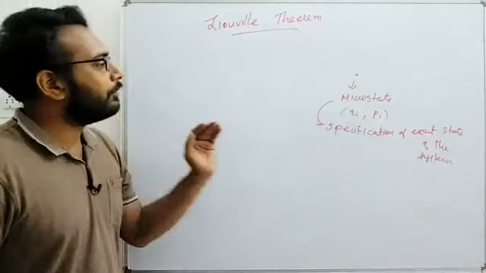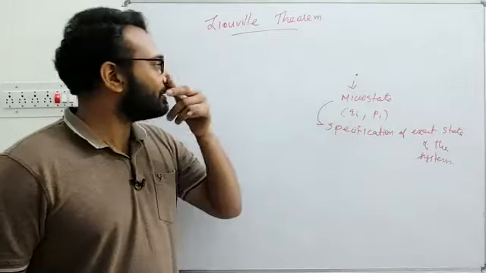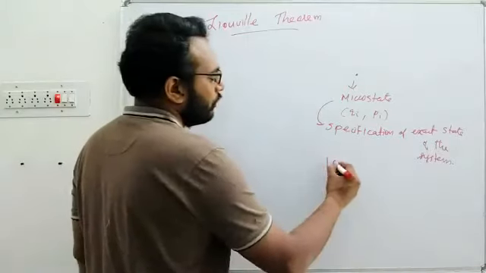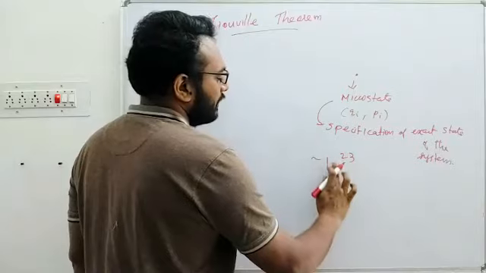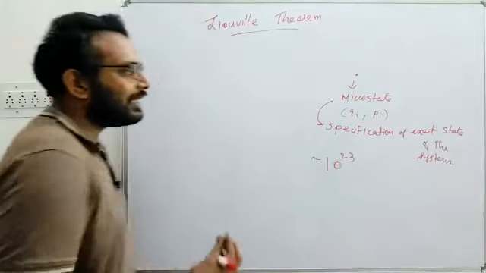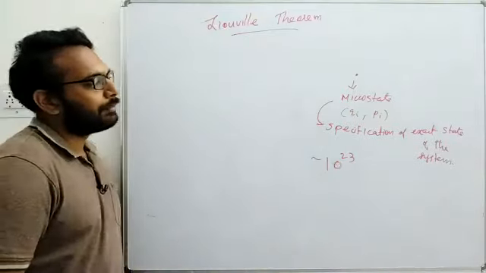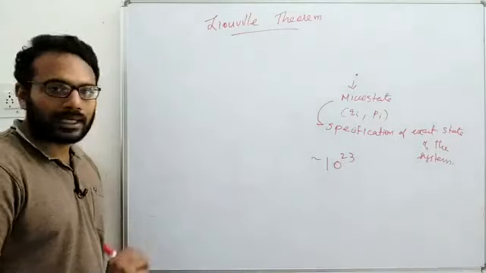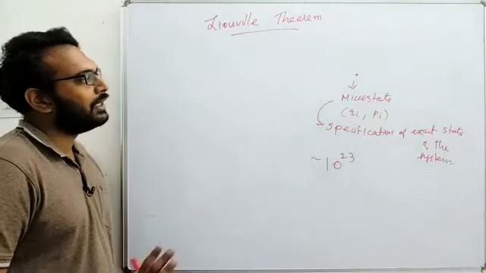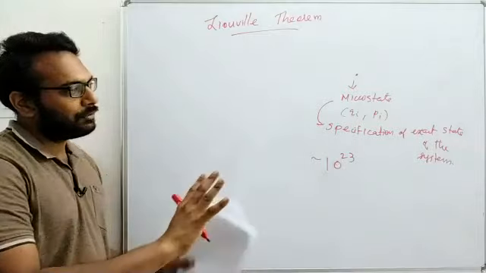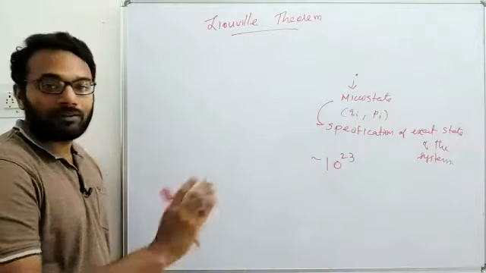Now, if you take a system with a large number of atoms, let's say of the order of Avogadro number, then you really cannot keep track of all the positions and momenta of each particle. We don't do that. In statistical mechanics, we only study the total behavior and average it.